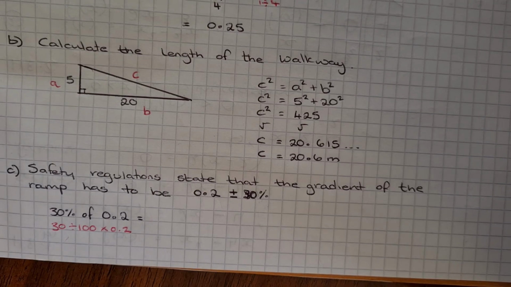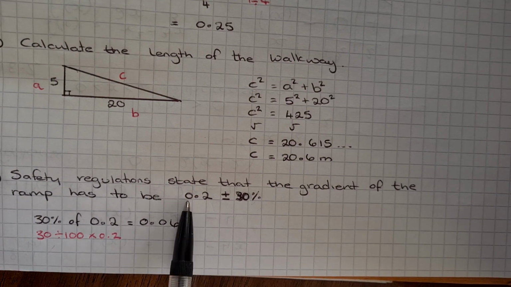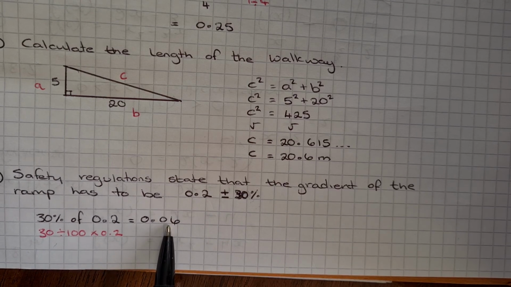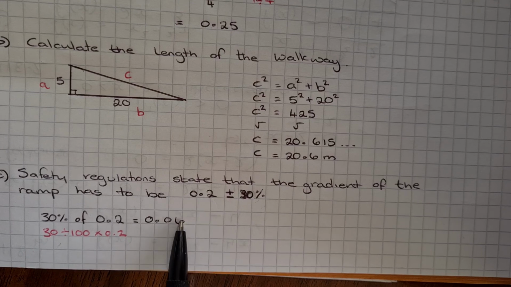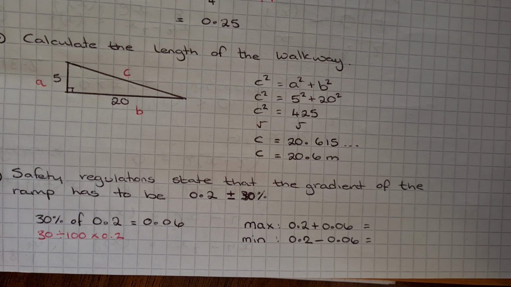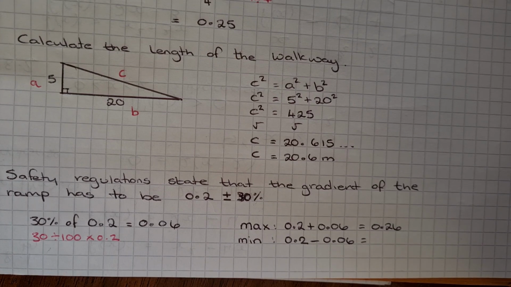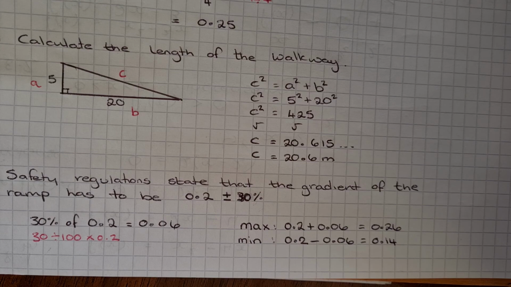And we should get 0.06. So our maximum value is going to be 0.2 plus 0.06, and our minimum value is going to be 0.2 take away 0.06. So we should get 0.26 for the maximum and 0.14 for the minimum.